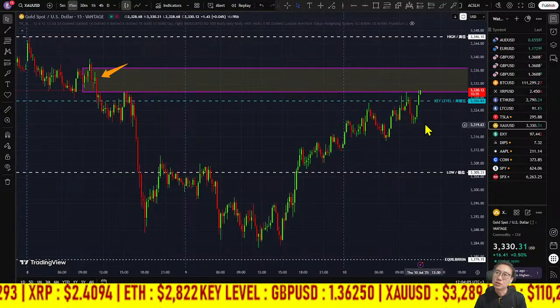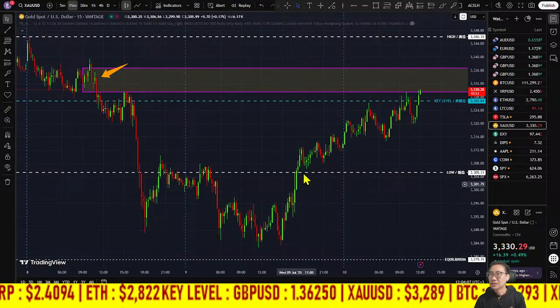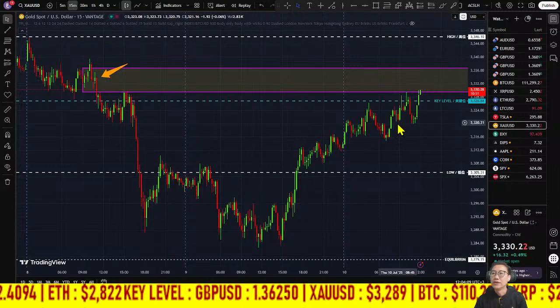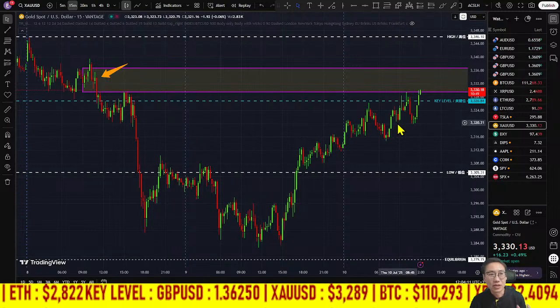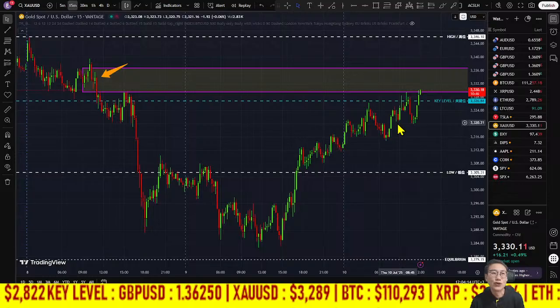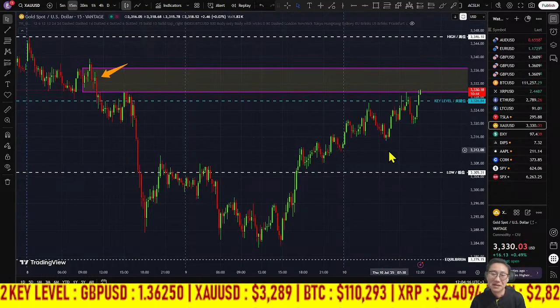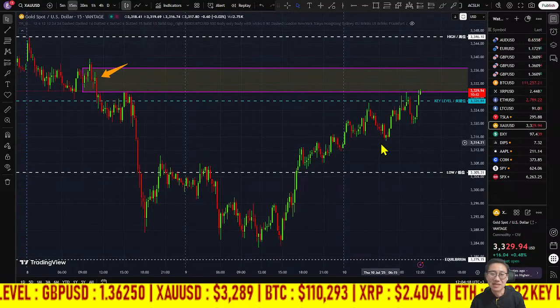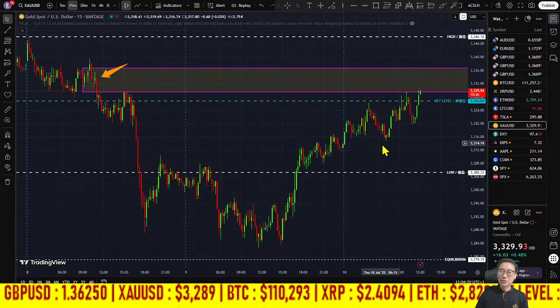So the bullish market has already started, and there's always a reason for something to start. That means there's also something they are looking for.